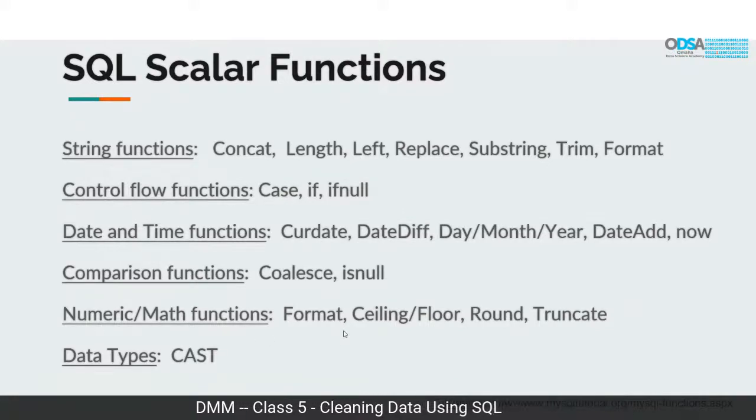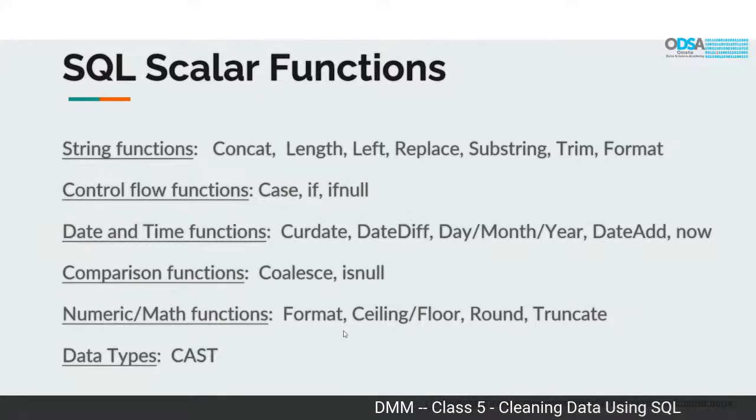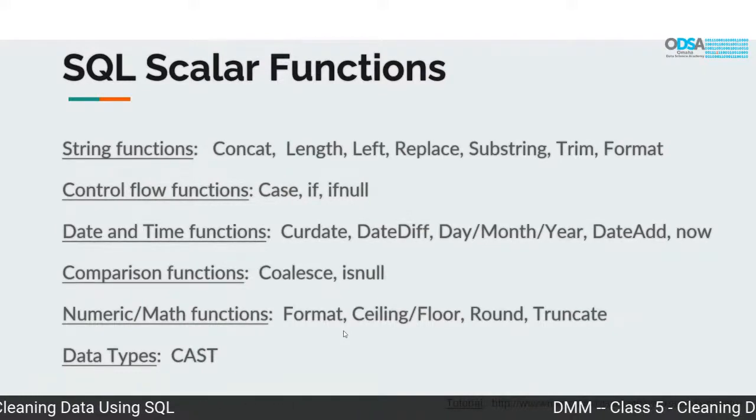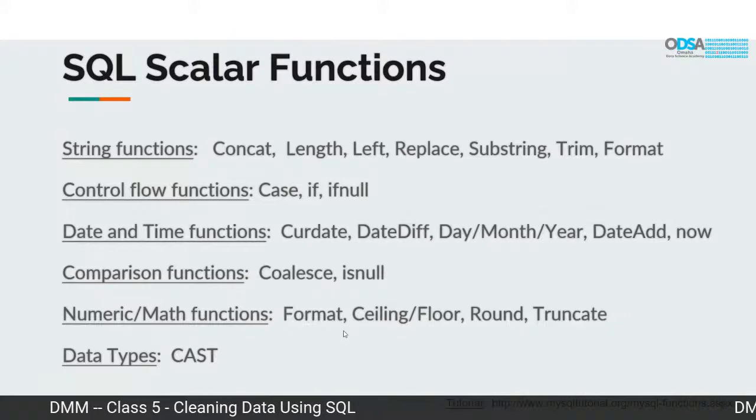Now math functions, you can format your number in different types. So integers, decimals, floats, and so forth. You can do the ceiling or the floor, round and truncate, so you can do different things with decimals. And data types is one of the most important. Probably the one that you'll use most is casting a string to a different type.